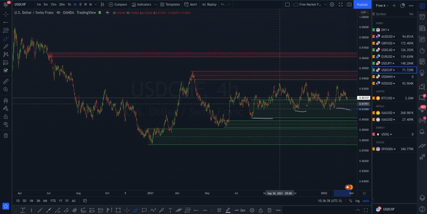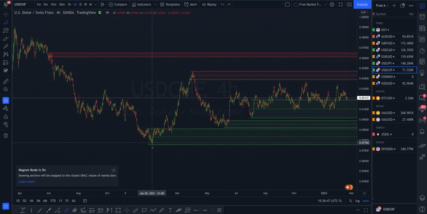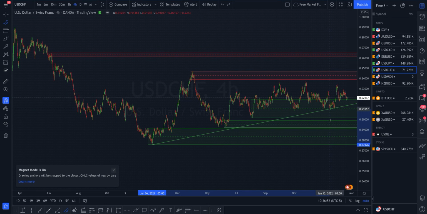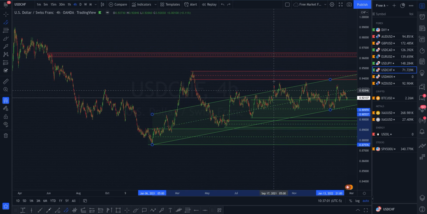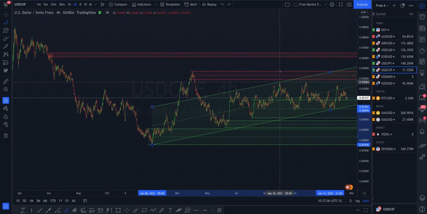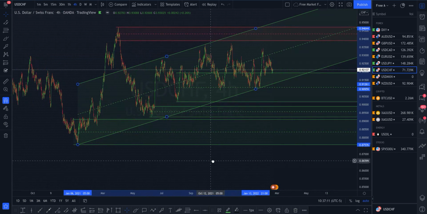So I do see where this market is on the uptrend, and even if we grab our channel tool, we should be able to see that we are in fact on an uptrend. Even if we grab the channel tool and did that, we can see that we're on an uptrend.